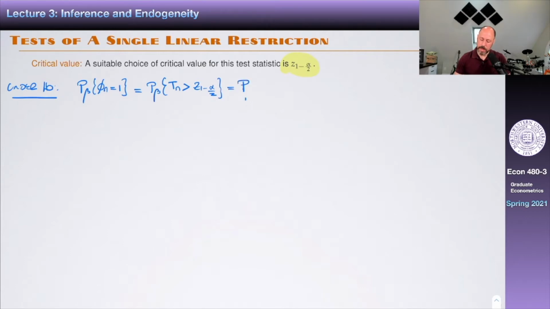This is again the probability under beta that the absolute value of the test statistic is greater than this value that we pick.